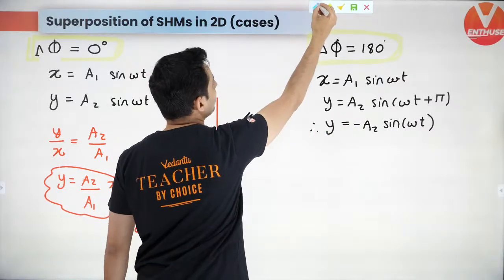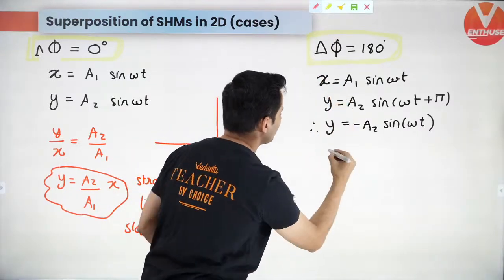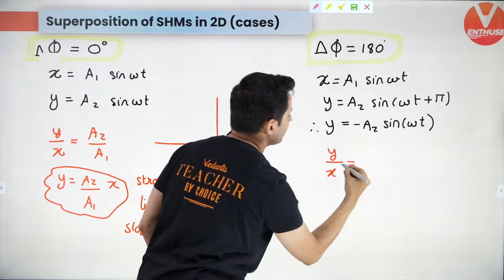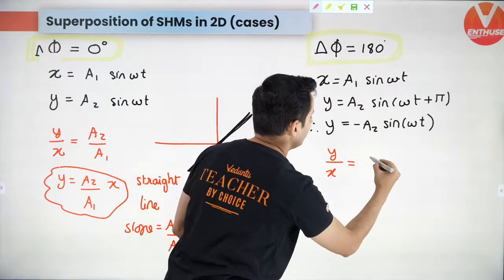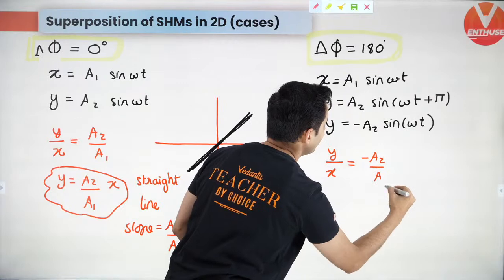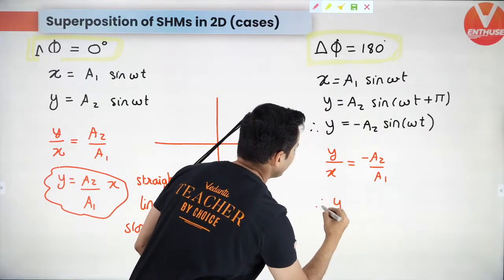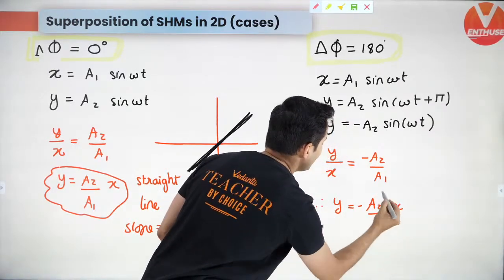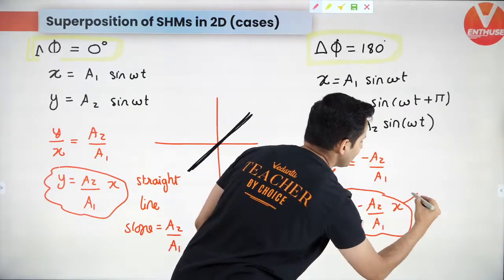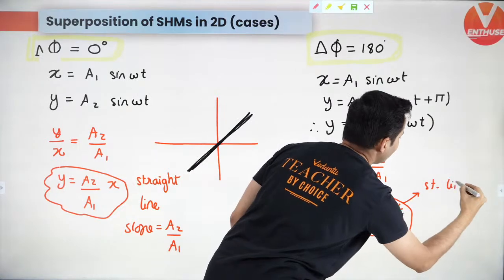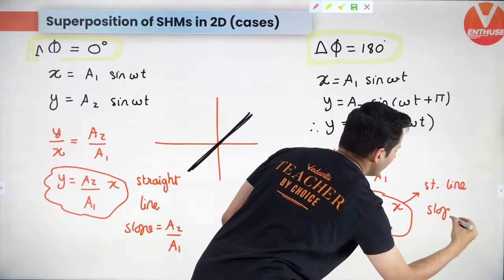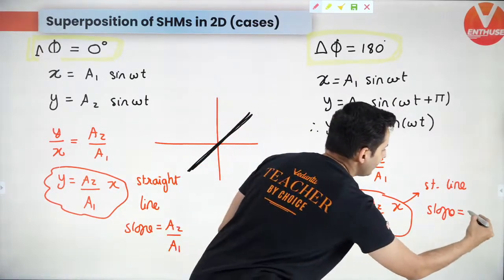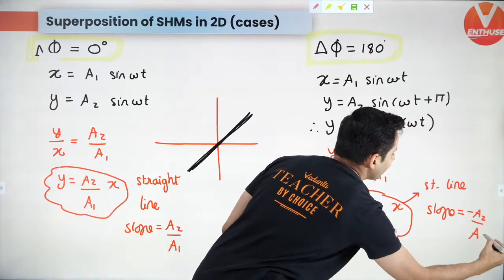Now just divide both of them, guys. See what will happen. So y divided by x will be minus A2 by A1, and therefore y is equal to minus A2 by A1 into x. Now what is this again? This is also a straight line, but this time the slope is negative A2 by A1.